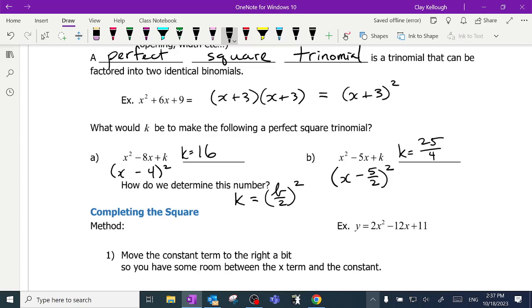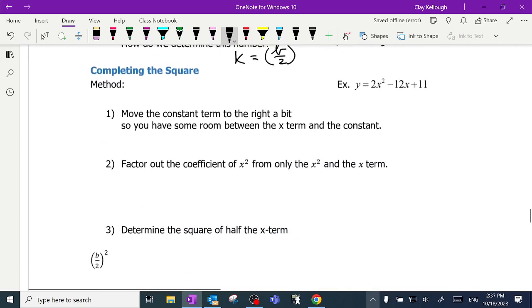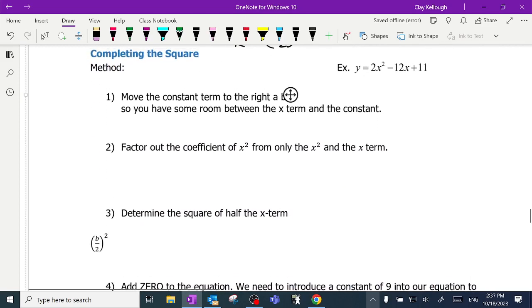We're going to do it using these steps. Step 1, move the constant term to the right a little bit so that you have some room between the x term and the constant. So here's what I'm saying.